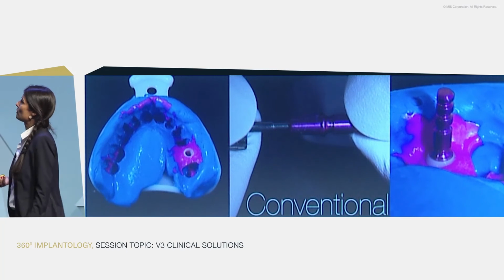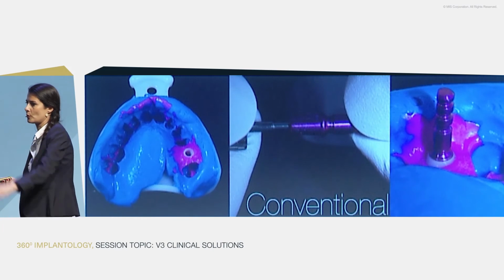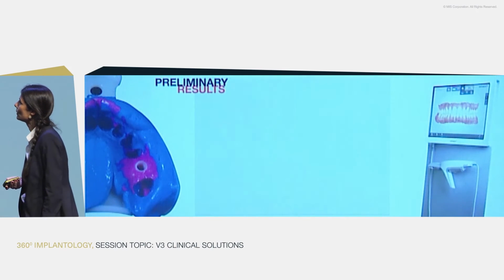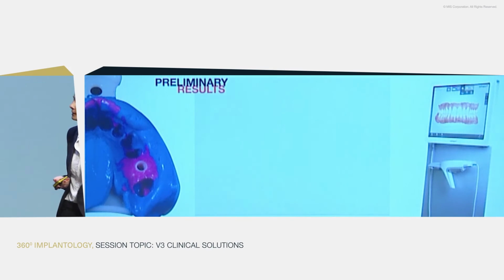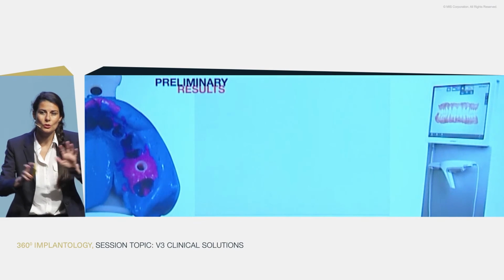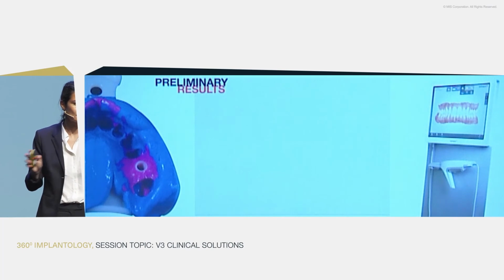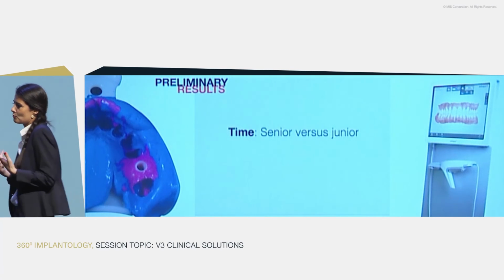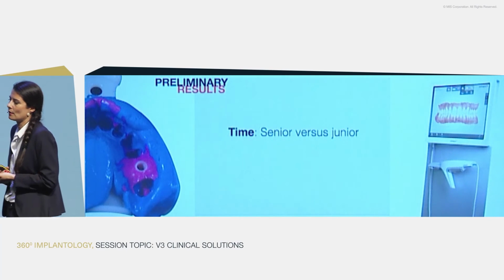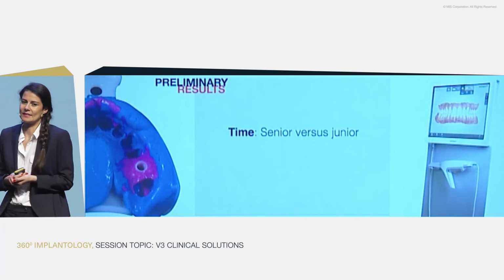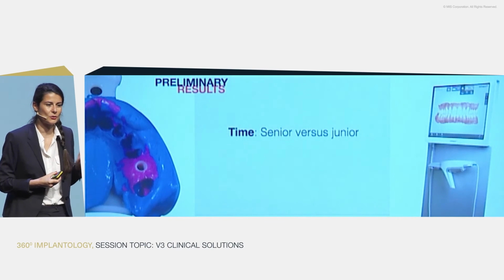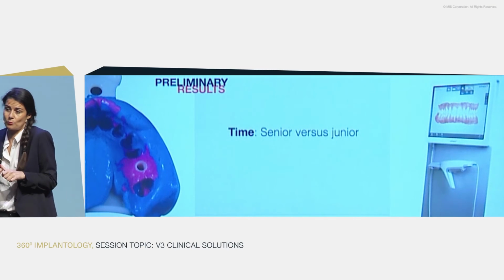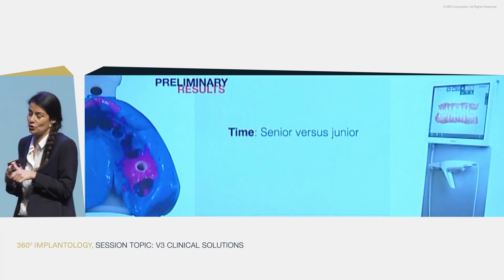So for the conventional impression, of course, we reposition the replica into the impression. And considering just the optical and conventional impression, one preliminary result that is very interesting is that we had 3 operators. 2 were senior prosthodontists, and 1, the principal investigator, was a junior.